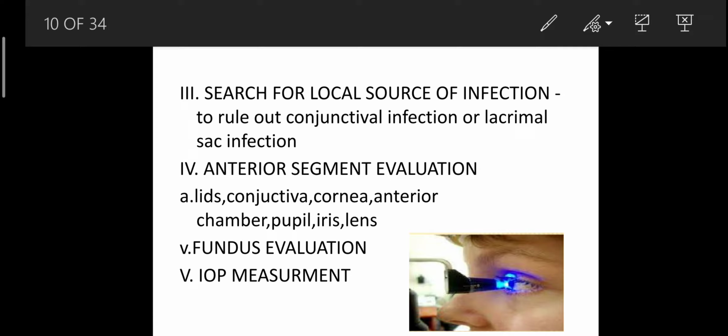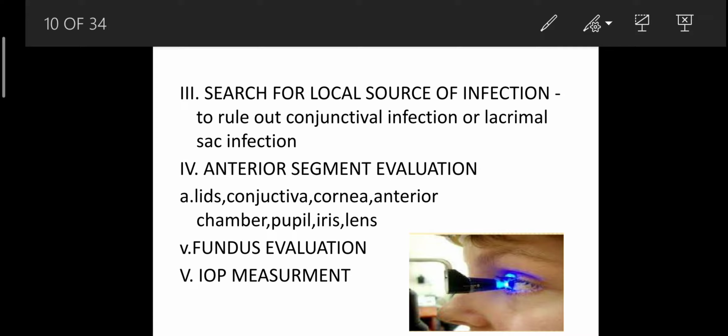Then pupil, whether pupil is dilating after instilling mydriatics, or pupil size is normal, pupil shape is normal, and look for any iris abnormalities or any nodules, or the most important is lens, to know the nature of cataract, and look for any pseudoexfoliation material which is present on the lens or at the pupillary margin, as well as to know the type of cataract.